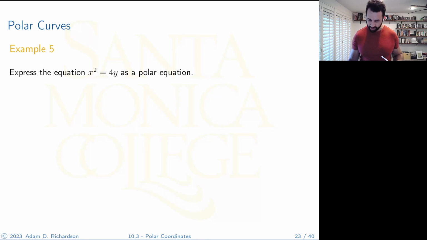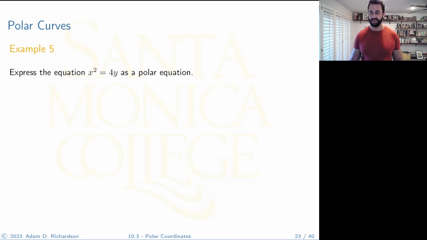We're not going to start sketching them just yet. We're going to work and play with the equations for just a minute. So let's start with this. Let's say we have this equation right here, and it's given to us in terms of x's and y's, which means it's a Cartesian equation. How would you express it as a polar equation?